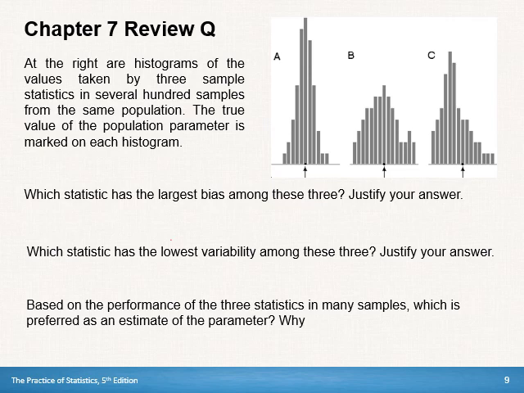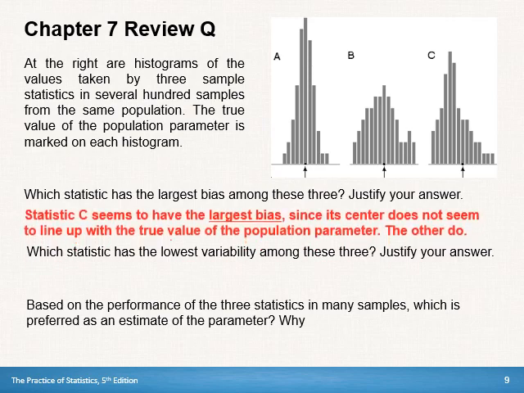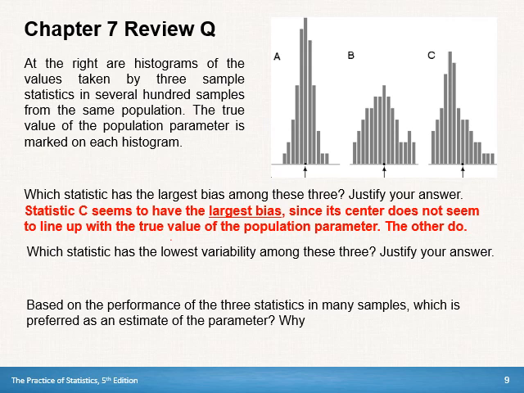All right, so when we talk about bias, it's like which one has a center that's off, right? And so that would be C. C is not centered at the parameter marked here, but the center of the sampling distribution is probably more right here.